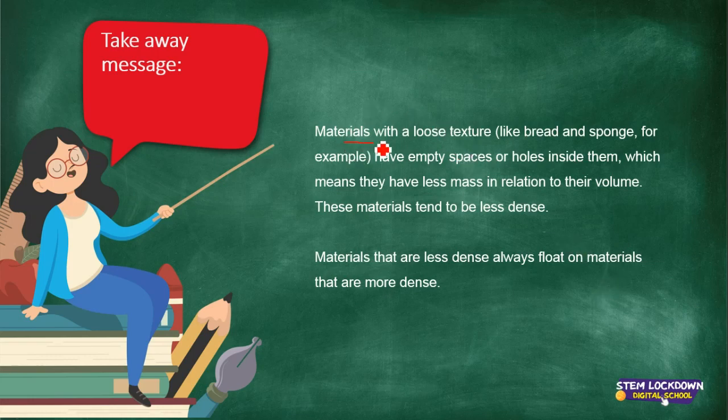So we say materials with a loose texture have empty spaces or holes inside them, which means that they have less mass in relation to their volume. These materials tend to be less dense. So what you need to know is that empty spaces mean less mass in relation to volume, so it is less dense.